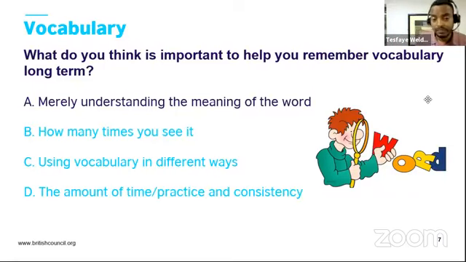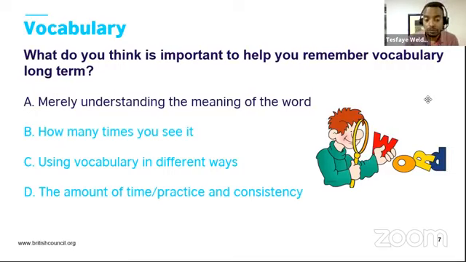The answers are the three from B to D, as you can see. How many times you see it? The exposure is important for your retention. Using vocabulary in different ways, in different contexts, is also important and helps you remember the word.